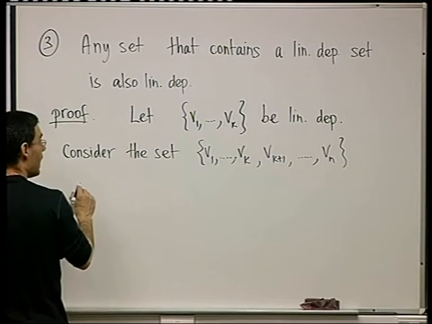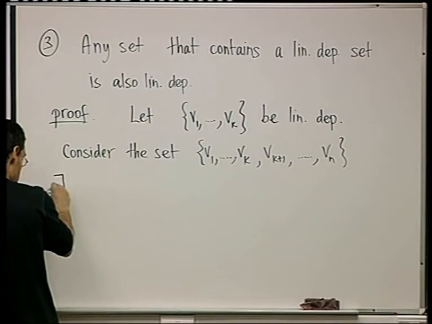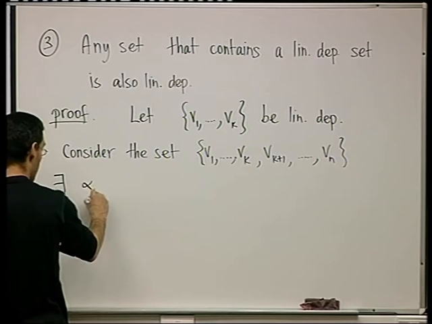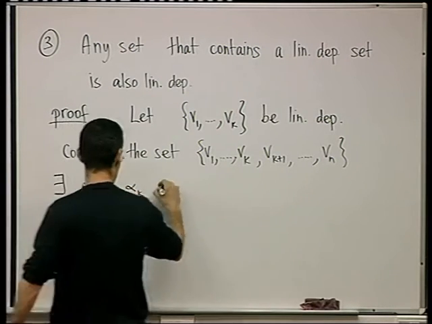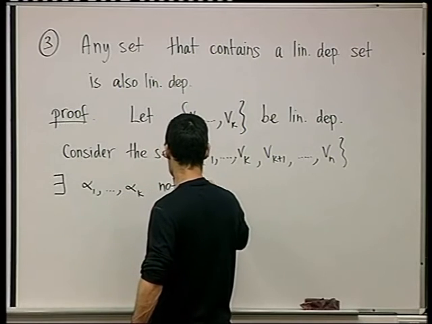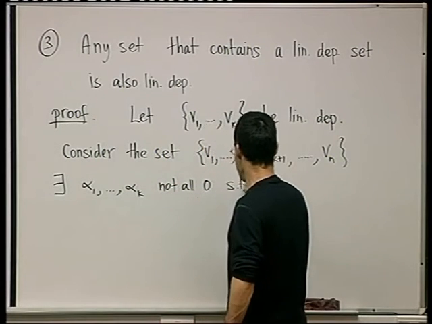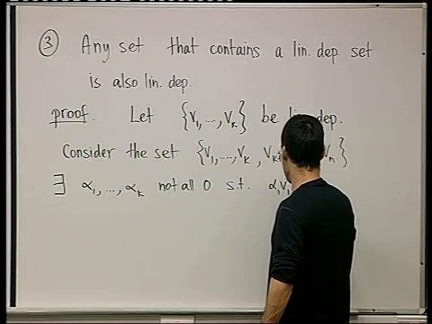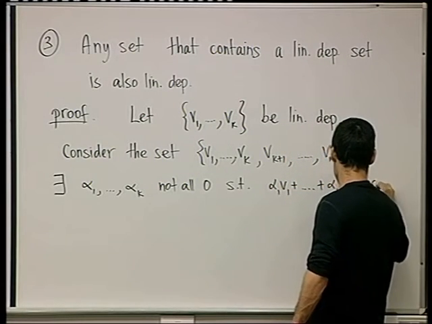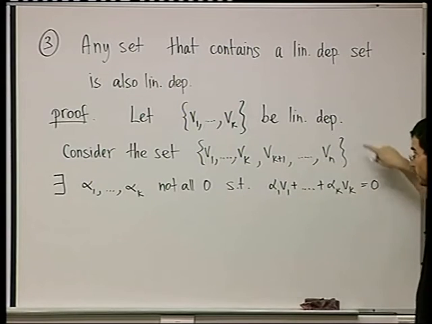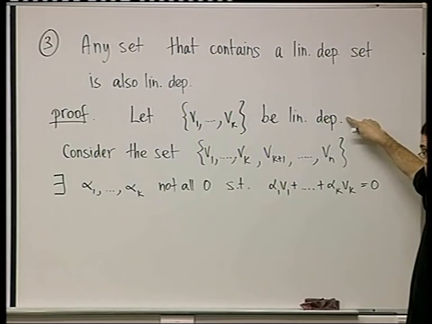Because we know that there exist alpha 1 through alpha k, not all 0, such that alpha 1 v1 plus alpha k vk equals 0. We know this holds because this set is linearly dependent. Do you agree? That's the definition, right?